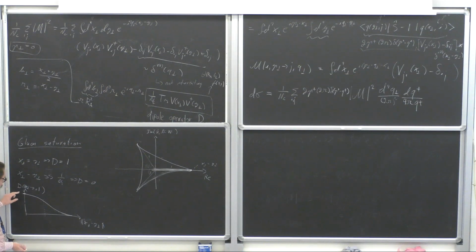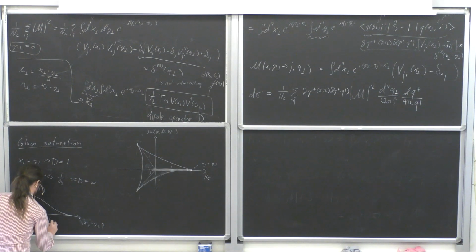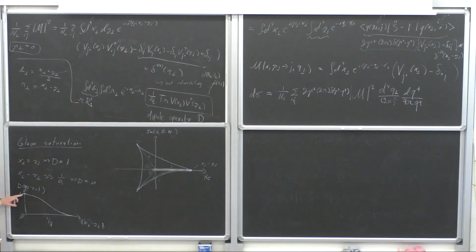If I have a function going between 0 and 1, when do I cross 1/2? I draw some point, and I can say that's a characteristic scale of my function. Things happen at this distance scale, at which this dipole operator goes from being close to 1 to being far away from 1, close to 0.